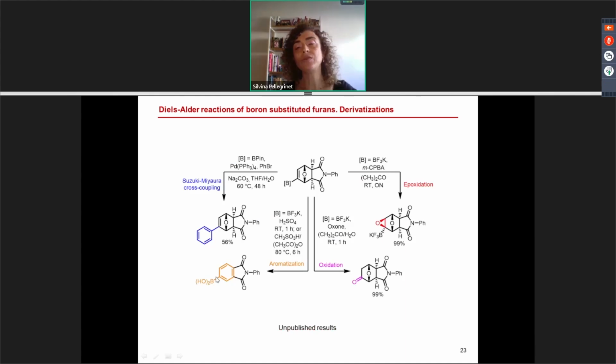And we have also been trying to develop some derivatizations like epoxidation using meta-chloroperbenzoic acid for the trifluoroborate, oxidation to the ketone using ozone, Suzuki-Miyaura cross-coupling under conventional conditions to introduce a phenyl group here, and we are still trying to optimize the conditions to aromatize this ring.